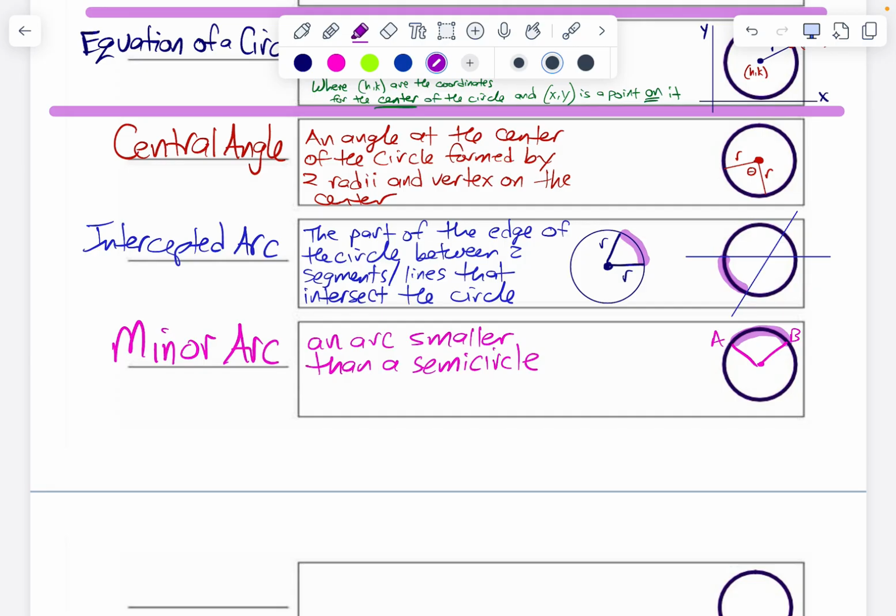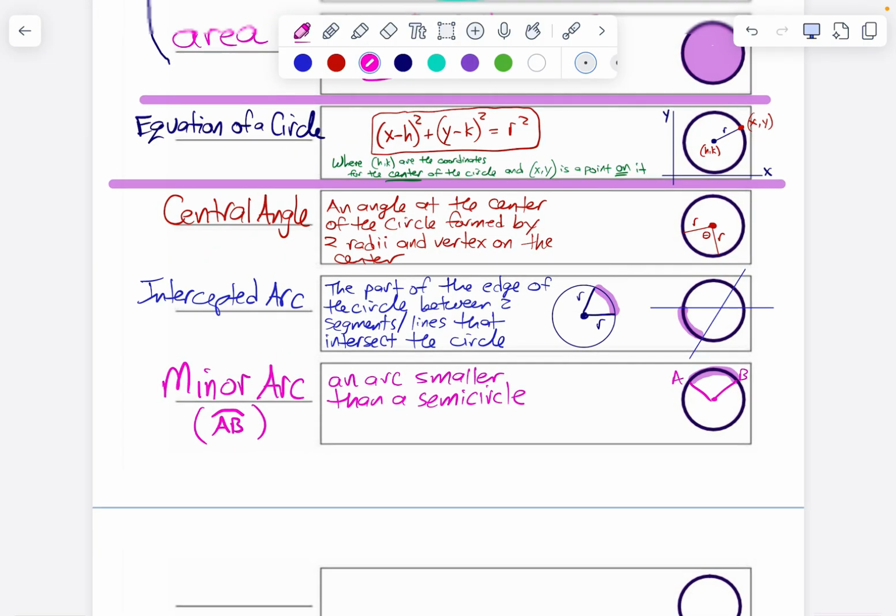The notation for this is 2 letters with what looks like an arc over them. One thing nice about geometry is most of the symbols make sense. Like parallel has 2 parallel lines. Perpendicular is 2 perpendicular lines. Triangle is a triangle, etc. So for this, an arc is an arc over 2 letters. For a minor arc, use 2 letters.